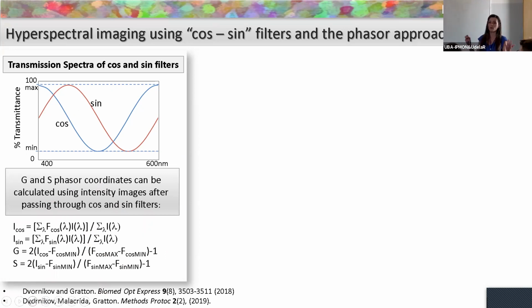So you don't have the whole spectrum anymore, but you get spectral information. What are these transmission filters with a sine and cosine profile?